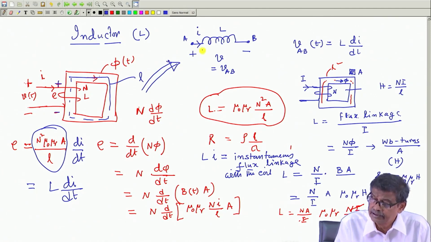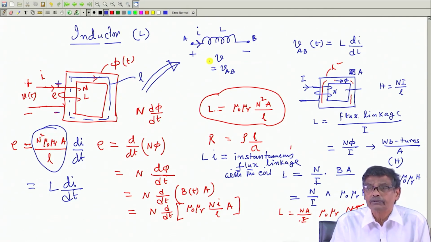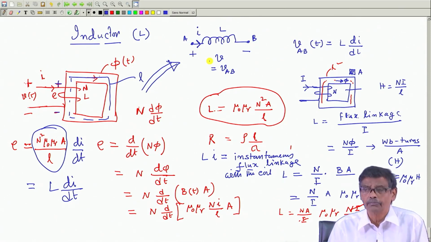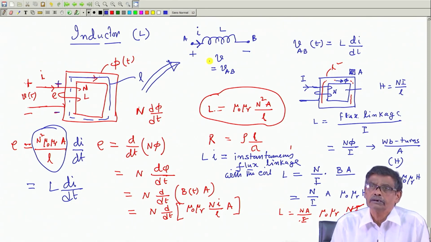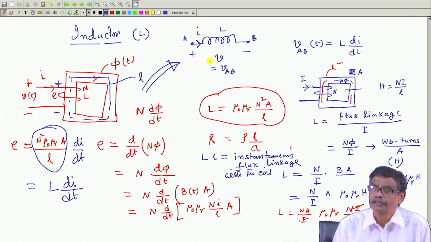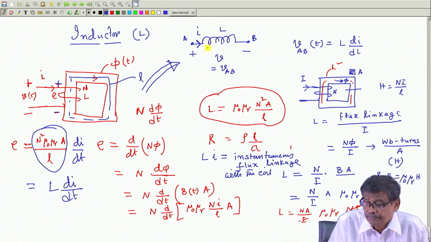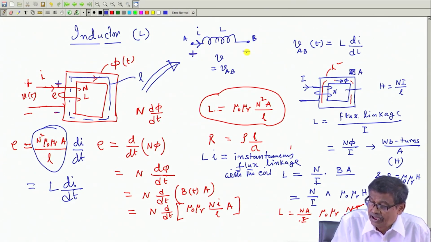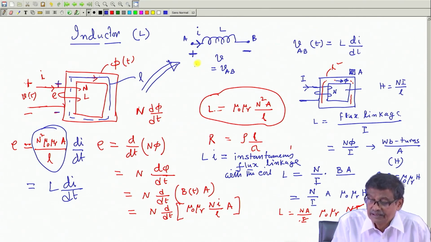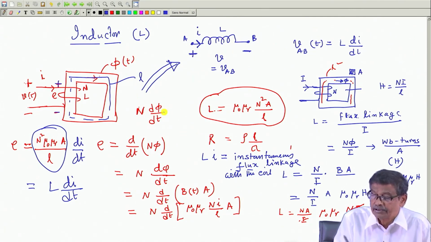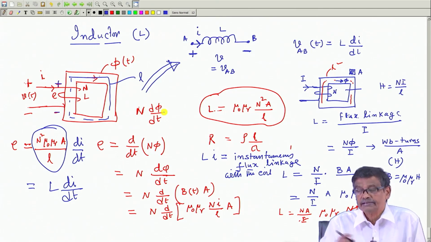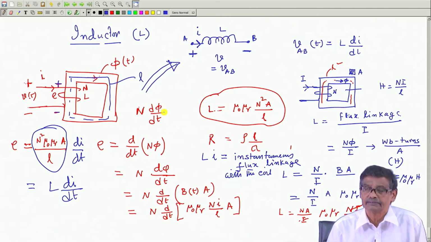Just by a coil, you assume current is entering through any point. As I told you, the choice of current direction is our prerogative. Whoever is solving the circuit is free to choose in which direction current is flowing. But once he chooses that and also assumes dI/dt is positive, he has to mark the voltage across the inductor in this way: in whichever terminal current is entering, that is plus, that will be minus. That is the whole idea of an inductor.